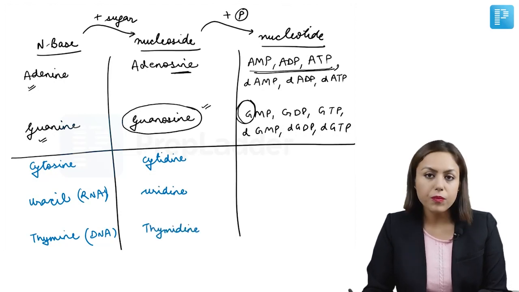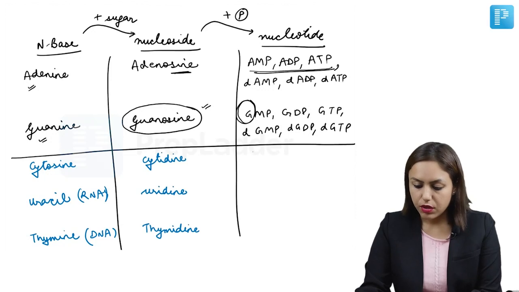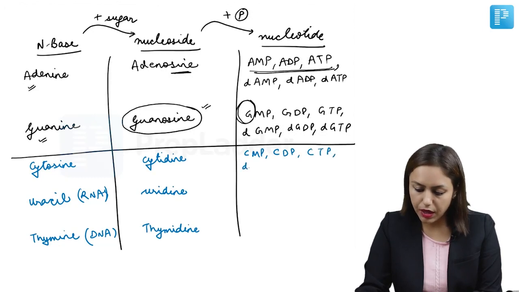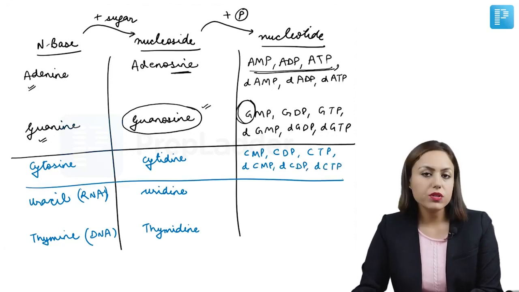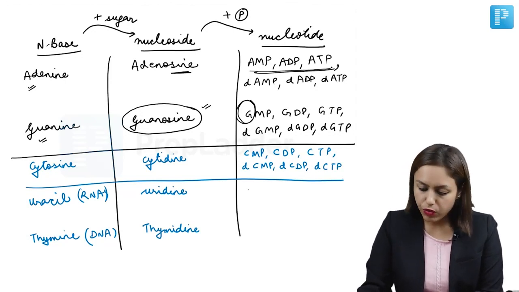thymidine. So the nucleotides of cytosine are CMP, CDP, CTP and deoxy forms: deoxy-CMP, deoxy-CDP, deoxy-CTP, right? Then uracil is only in RNA, so we only have UMP, UDP and UTP.